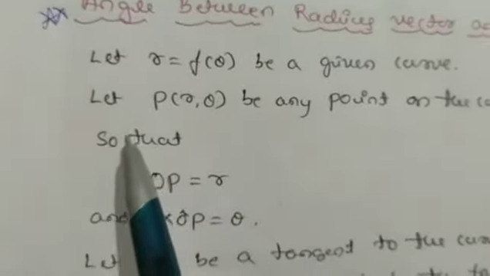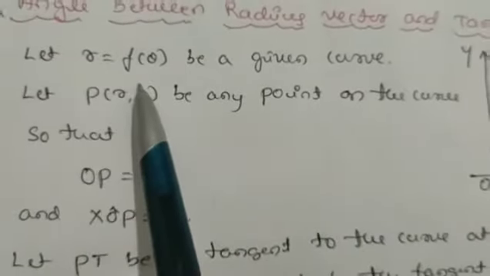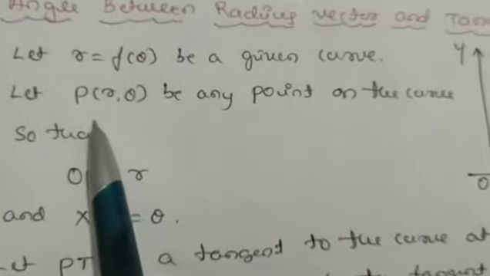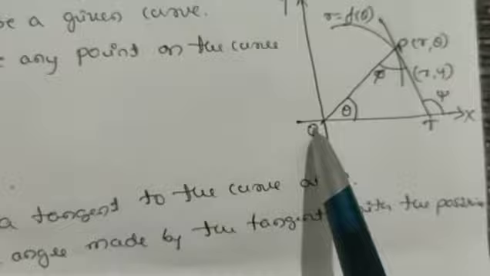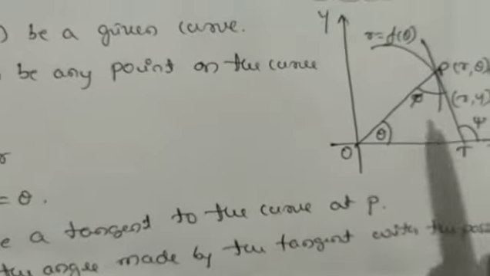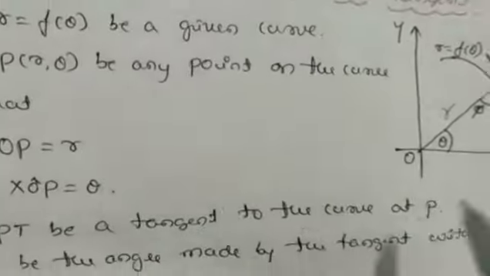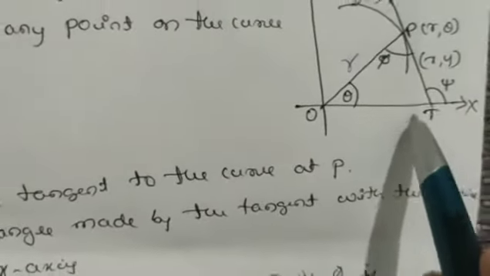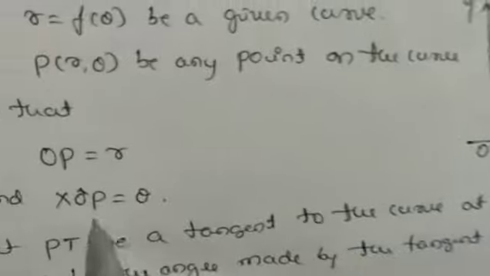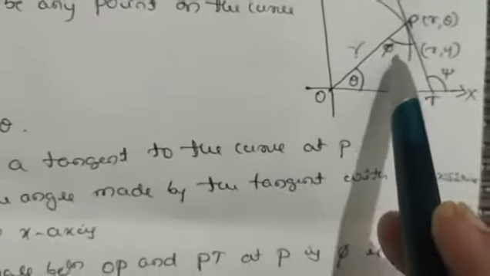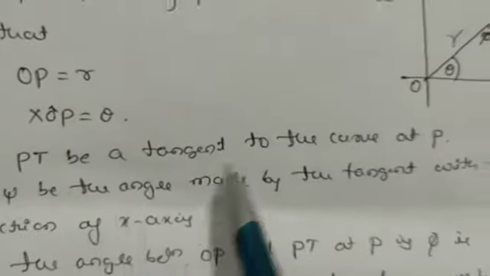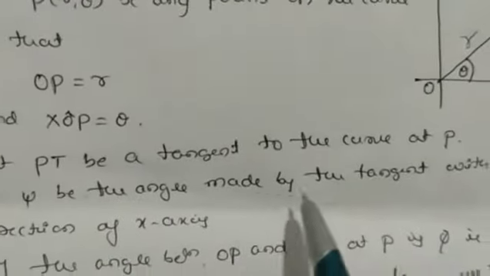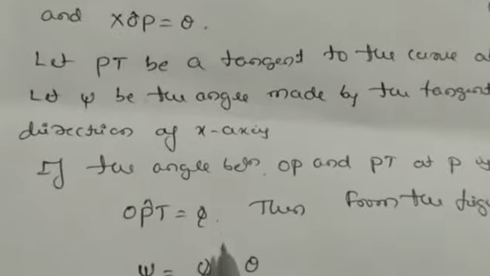Let us write about this figure. Let r equals f of theta be the given curve, and let P of r, theta be any point on this curve. So OP is equal to r, this distance is r, and this angle XOP is theta. Let PT be a tangent to the curve at the point P, and xi is the angle made by the tangent with the direction of the x-axis.